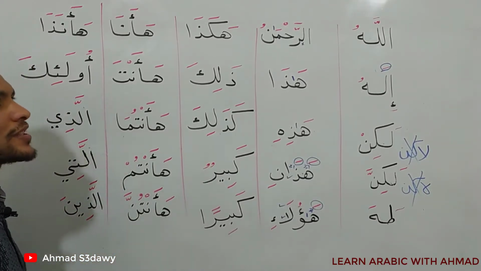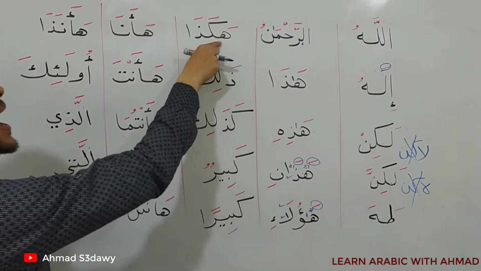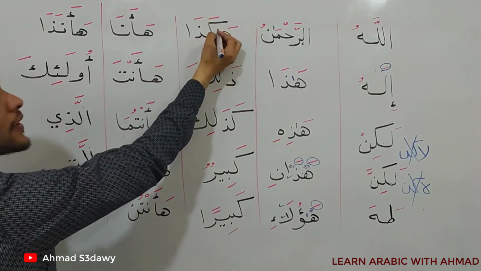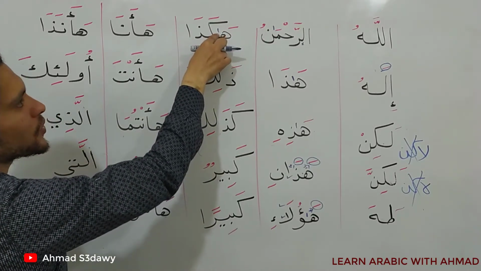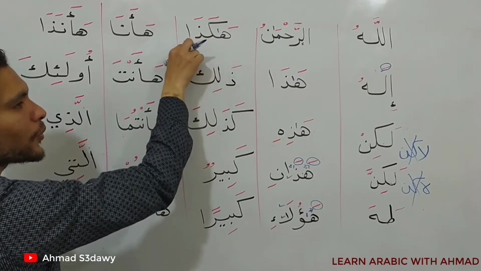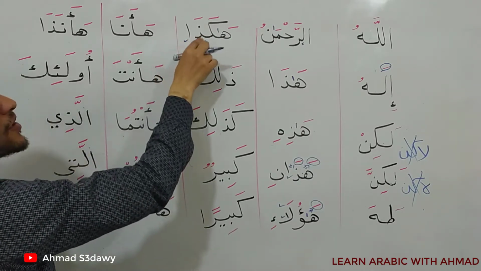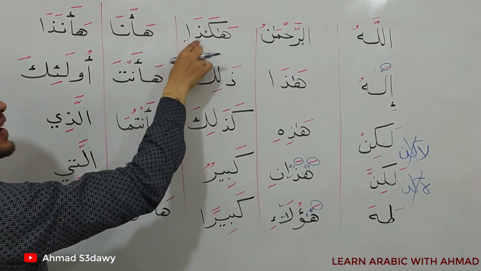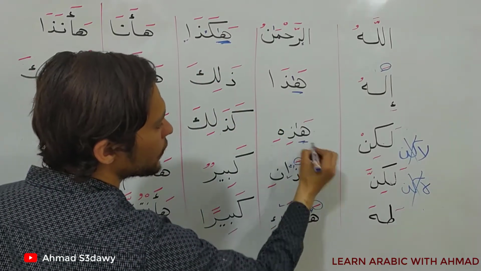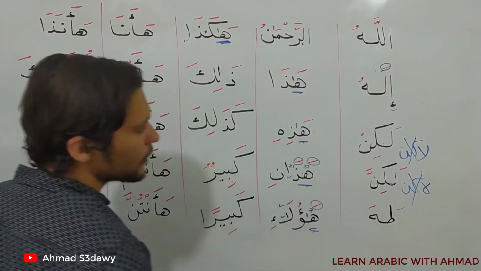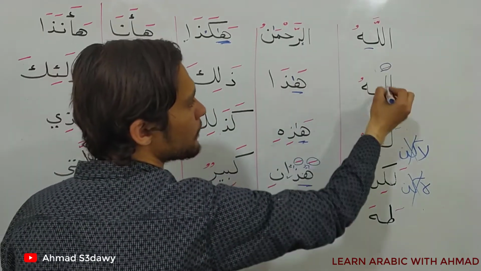but it's not written. Also here when you say ha kaza, there is a long vowel here, you pronounce it but you don't write it. And here this is a long vowel, you pronounce it and write it. So you say ha kaza, it's just here after the ha, or after the lam.